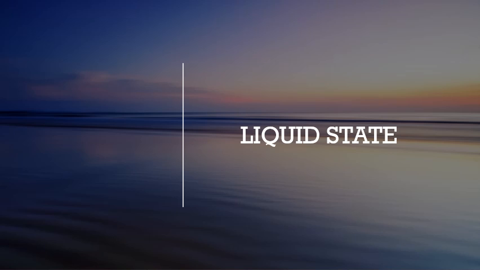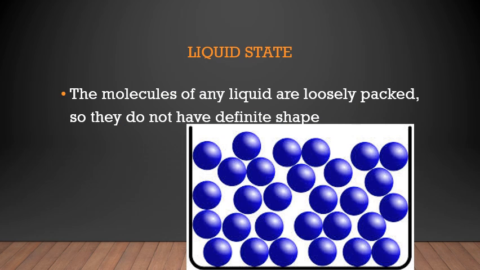Liquid state means the molecules of any liquid are loosely packed, so they do not have a definite shape. Now you can see here the round molecules. There is a lot of space between the molecules, isn't it? That is why it is easier for the water to flow easily. Understood? So the molecules are arranged in such a way that they don't have a definite shape.